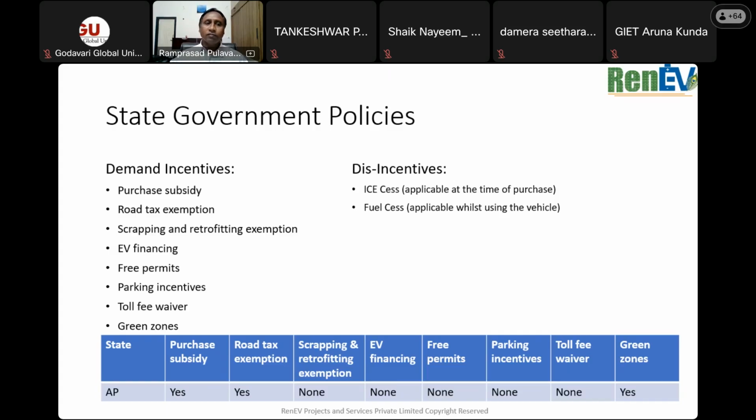Whereas if it is an electric auto, some of the state governments have given a free permit. If you have an electric vehicle, you can ride it in any part of that particular state.